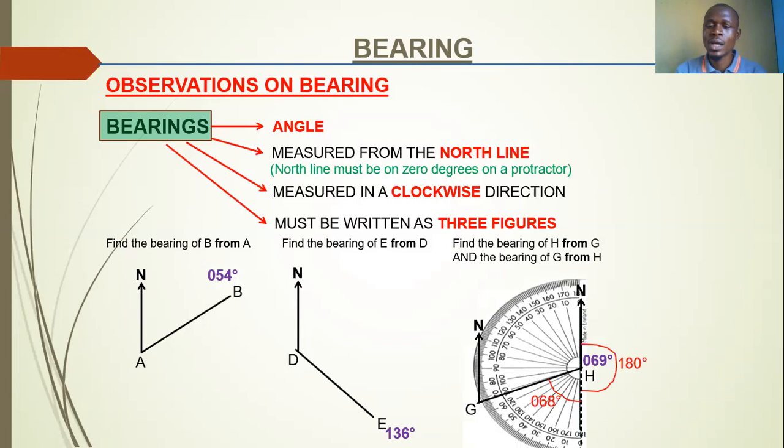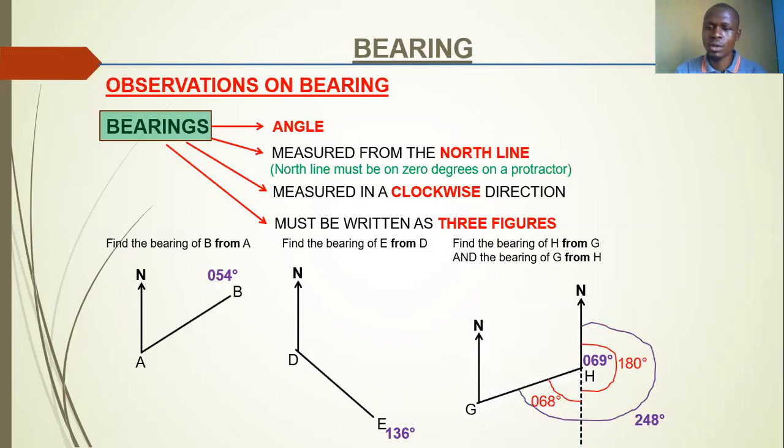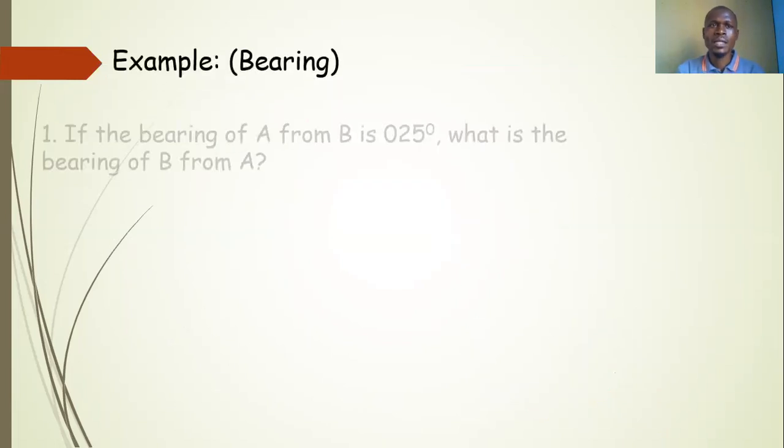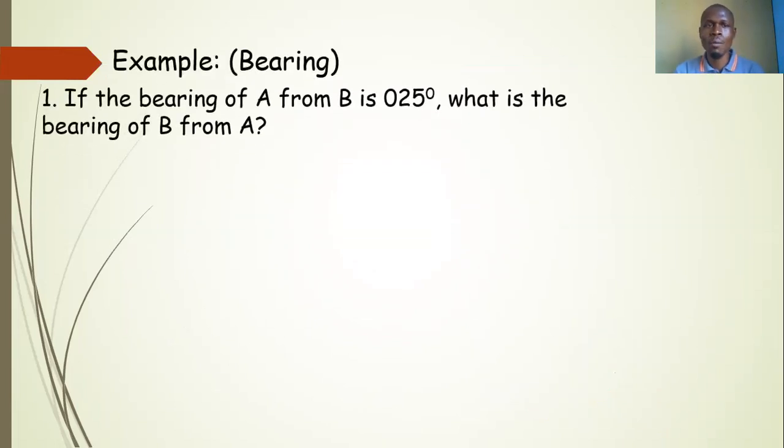You now add the two together. Once you add the two together, you have 248 degrees. So the bearing of G from H, H now the source point, is 248 degrees. Now let's look at some questions on bearing.